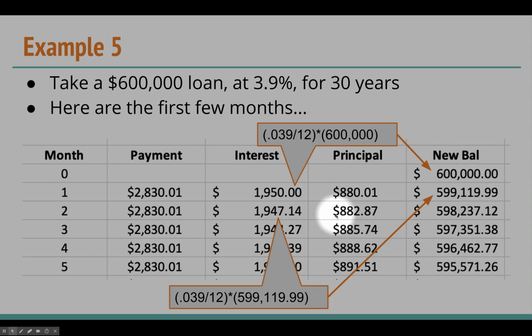So now I'm paying off $882.87. And then I can subtract this reduction in principal from last month's balance to get the new balance for the end of month 2. And if we continue that process over and over, we're going to get each row one at a time.